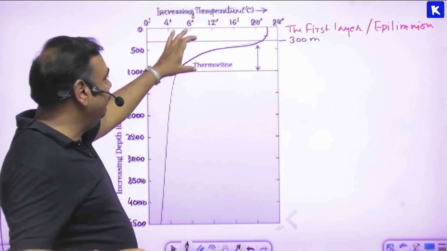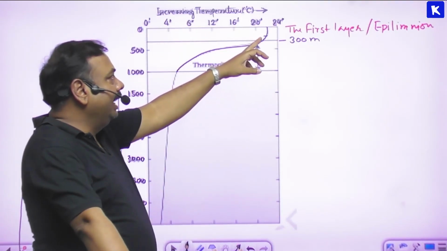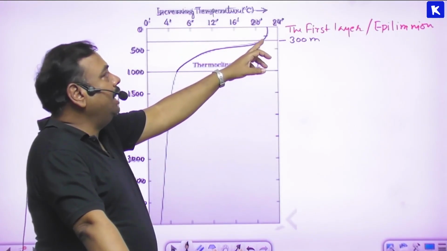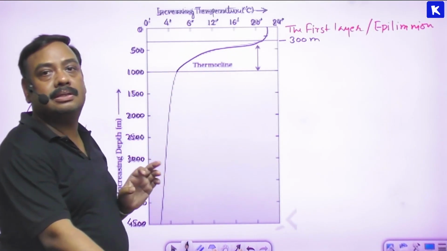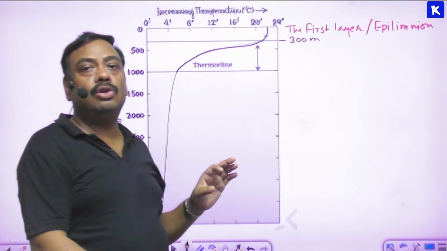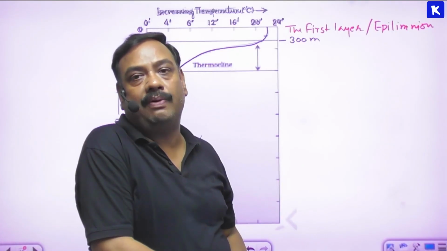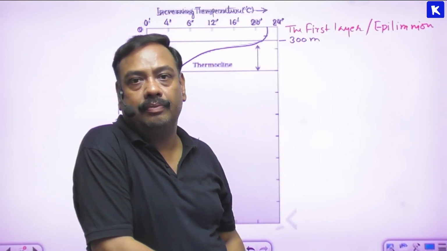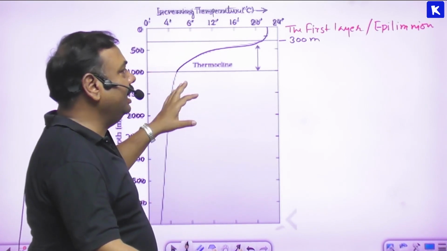So in the depth of 700 meters only, the temperature decreases from 22 degrees Celsius to 4 degrees Celsius. It means there is almost a decrease of 18 degrees Celsius here. Got it?